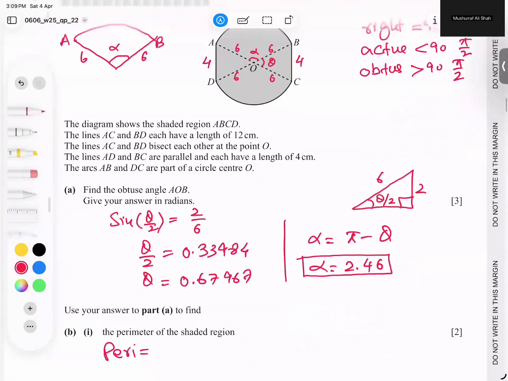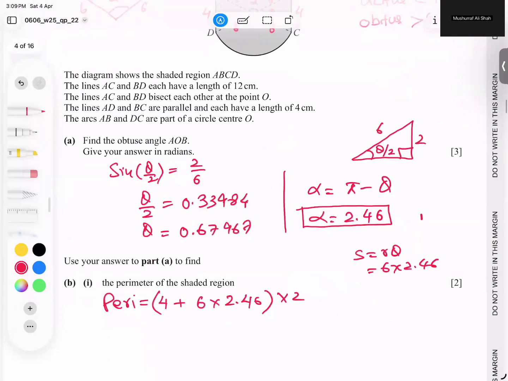So I'm writing AB 4 plus arc length times 2. And the arc length formula is s equals r theta. Radius is 6, theta is 2.46. I'm writing here 2.46 and the whole thing multiplied by 2.